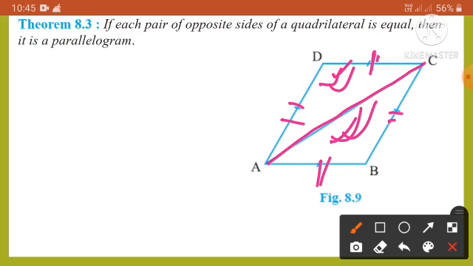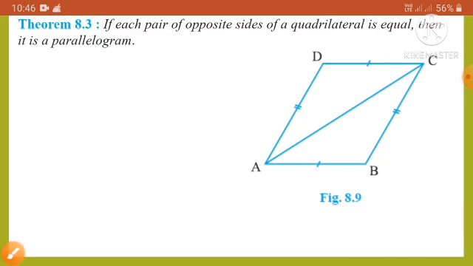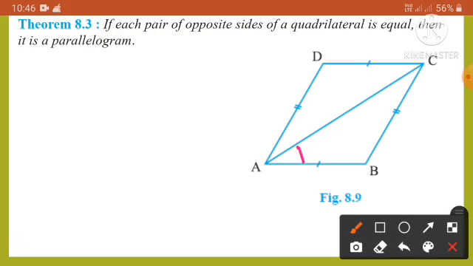Once it is congruent, we can easily say that angle BAC is equal to angle DCA by CPCT rule, and also angle BCA is equal to angle DAC by CPCT rule. So for lines AB and CD with transversal AC, angle BAC and angle DCA are alternate angles and are equal.